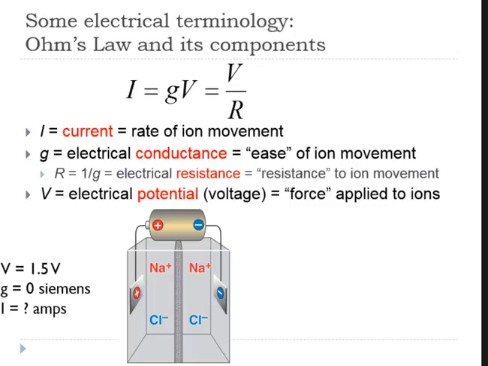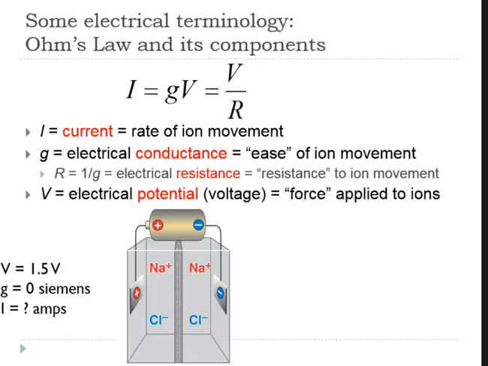You've got these other terms. So in this case, you can set I, current, equal to G, which is called the conductance. Conductance is basically the ease of flow of an ion across a membrane. I will more or less make this synonymous with permeability. Permeability is really specific to ions, but for our purposes, we're dealing with ions moving across and being permeable across a membrane.